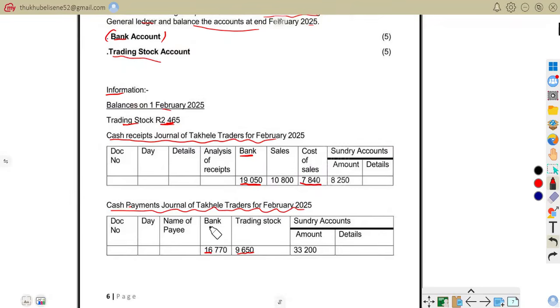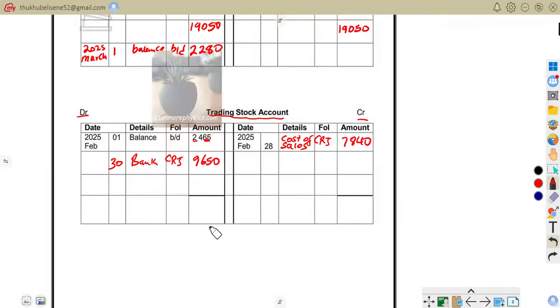So now let us again try by all means to balance this. It means you're going to add this plus this, then they will give us 12,115 as the bigger side.